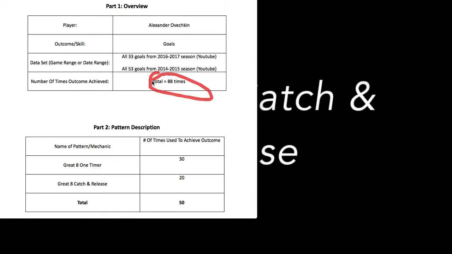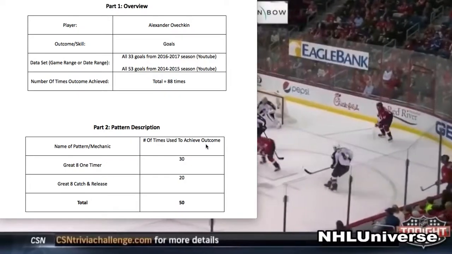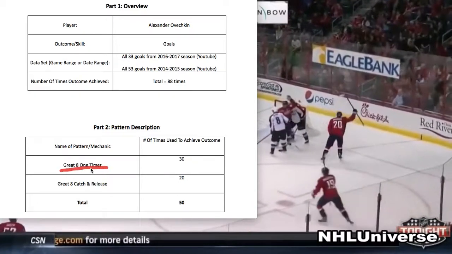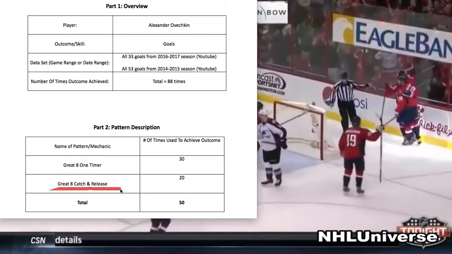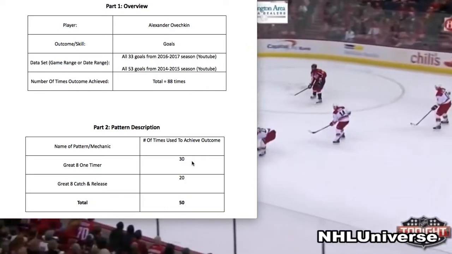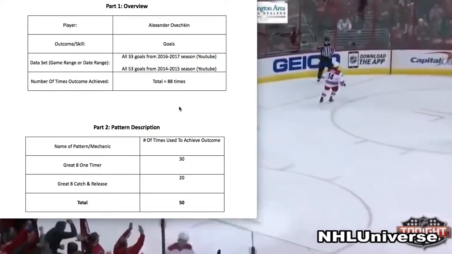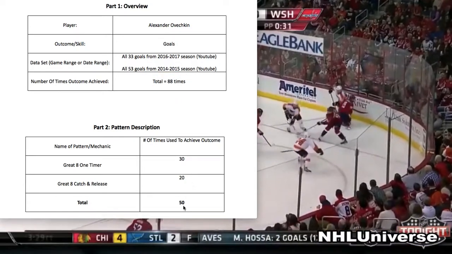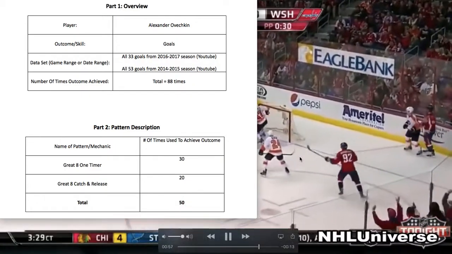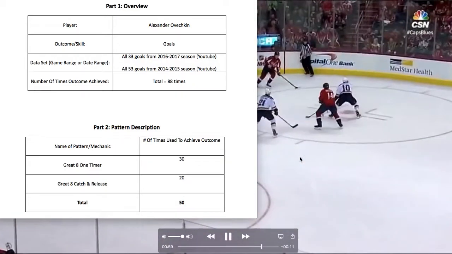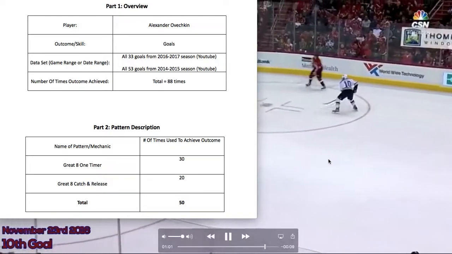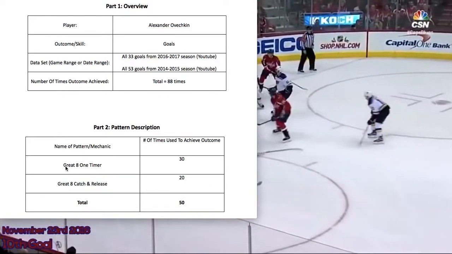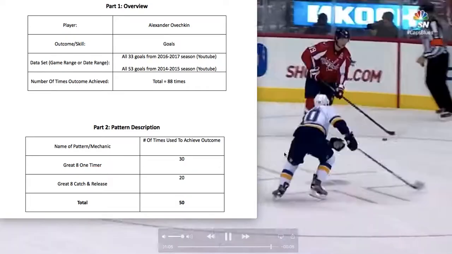He had 88 goals in those 2 seasons, and we found 2 patterns, the grade 8 one-timer and the grade 8 catch and release. This is predominantly how he's scoring his goals. Of his 88 goals, he scored 50 using these 2 very simple patterns, but obviously he's a master at these simple patterns. The first one we're going to look at is the grade 8 one-timer.